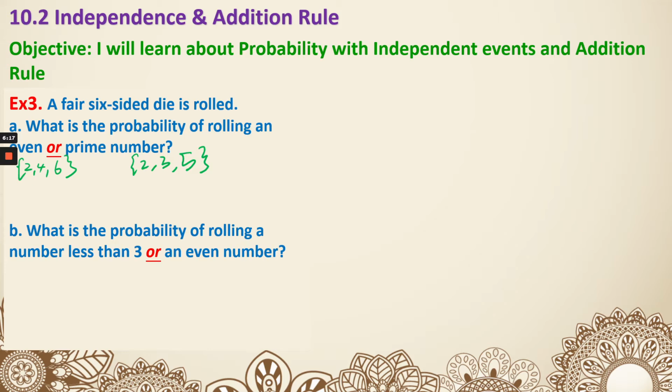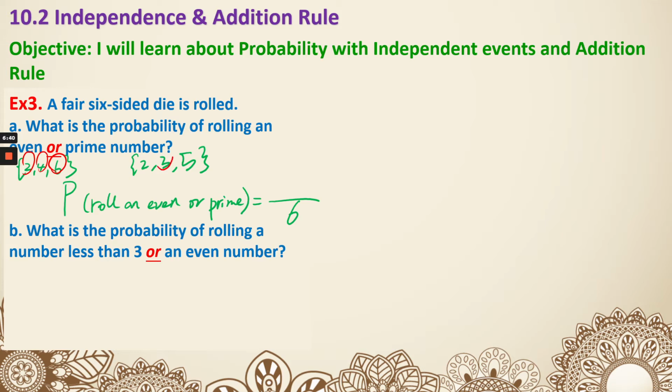So if you look at it, our P, roll an even or prime, we need the total on the bottom. Since we're rolling a six-sided die, the total will be 6. The number that we need is even, these 3.